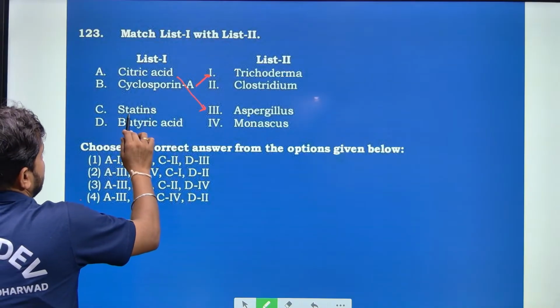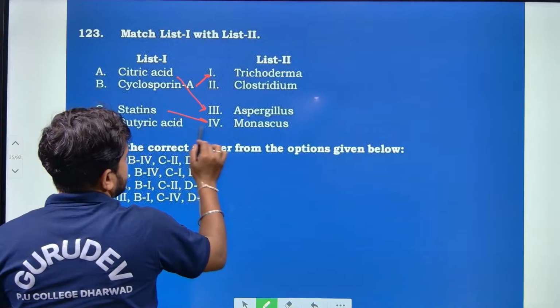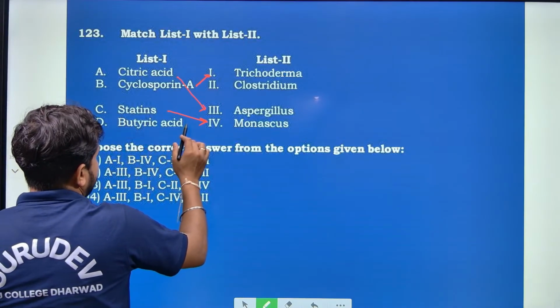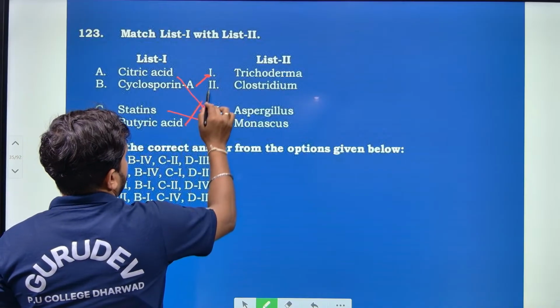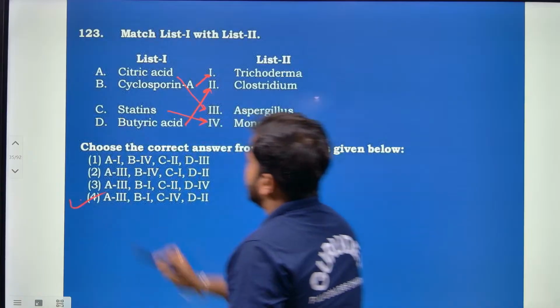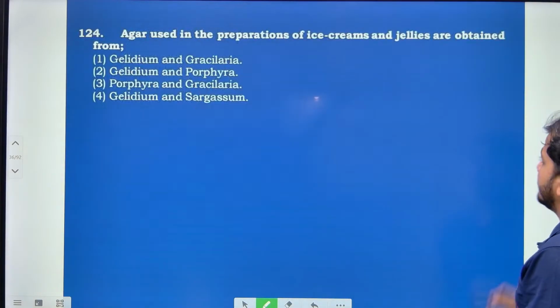Statin can be produced by Monascus purpureus. Butyric acid can be formed by Clostridium butyricum. So according to that, option D, option 4, is correct.